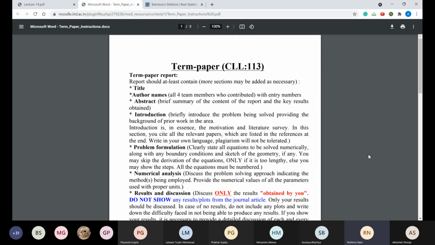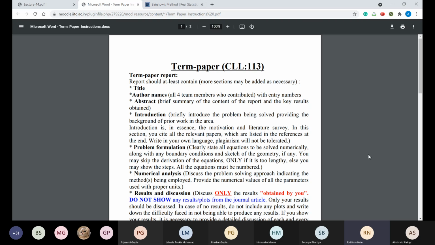You can use whatever methods you have learned till now, or other methods that are there in the syllabus, and you can simply Google, or you can use Google Scholar. Specifically, Google Scholar, you can use the filters there. It really increases the efficiency of your search.